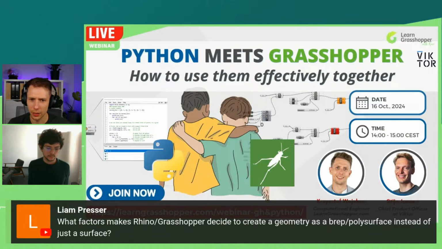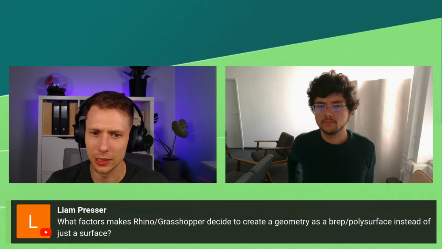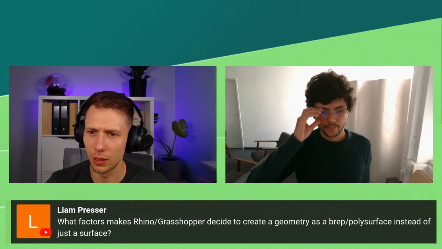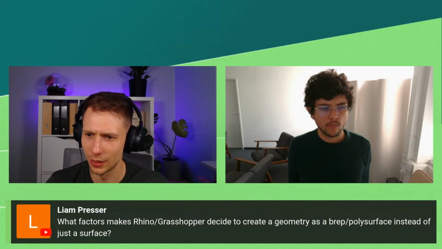First question: what factors make Rhino and Grasshopper decide to create a geometry as a BRep polysurface instead of just a surface? It's basically how you create the geometry, but it's not like a volume. If Rhino recognizes this object has a volume, it will change that to BRep.